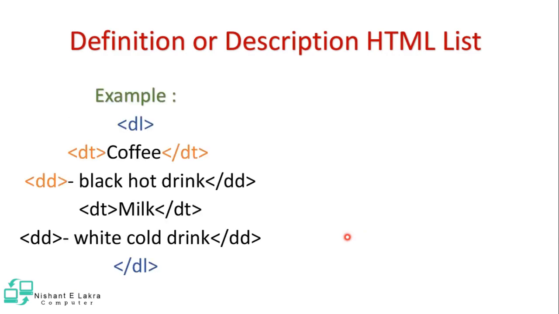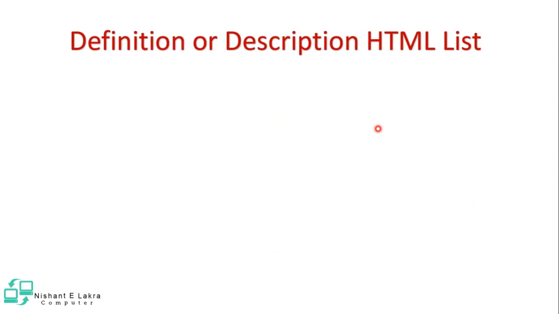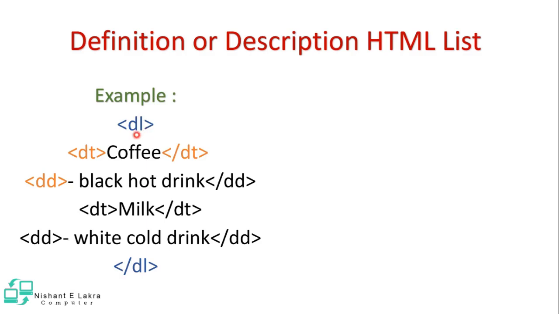This is an example. How do we use it? We started with the DL tag. You remember what the DL tag is used for? It is used to define the description list. So we started with the DL tag inside the angular bracket. The first term, the first name here is coffee.